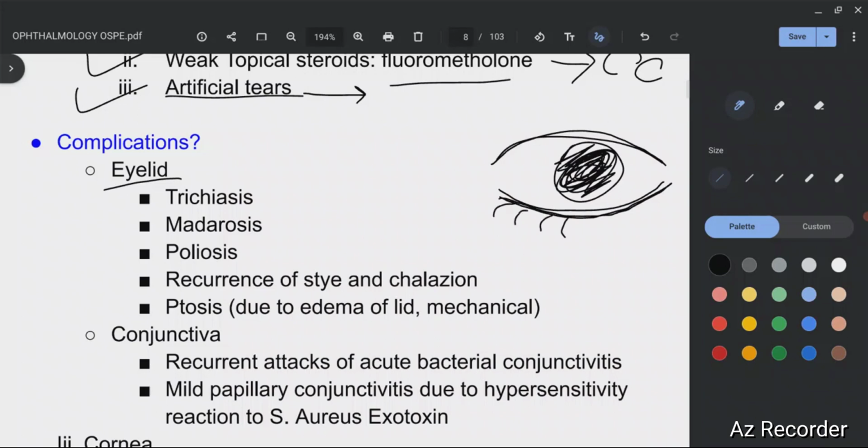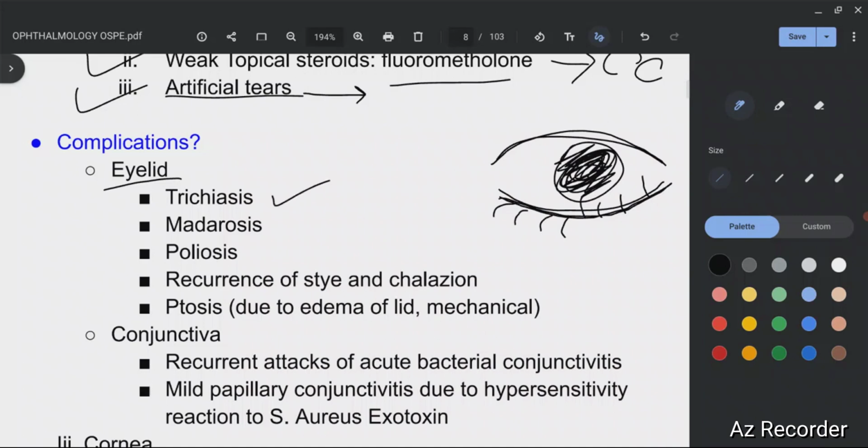But if these eyelashes are misdirected towards the globe, this condition is known as trichiasis. And obviously, by doing so, they are irritating your conjunctiva and your cornea as well. So trichiasis is very important.